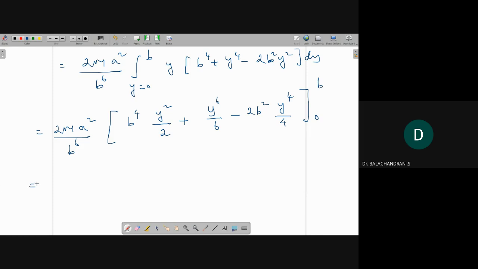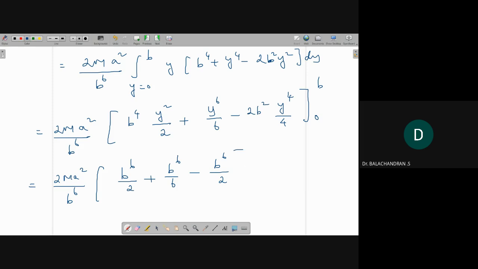So this is equal to 2m a square by b power 6. Upper limit is b. So b square into b power 4, b power 6 by 2, plus b power 6 by 6, minus 2 b power 6 by 4, b power 6 by again 2.